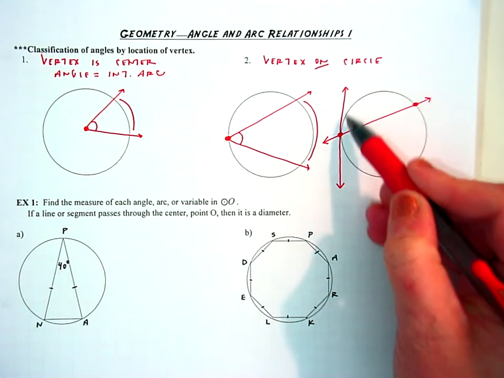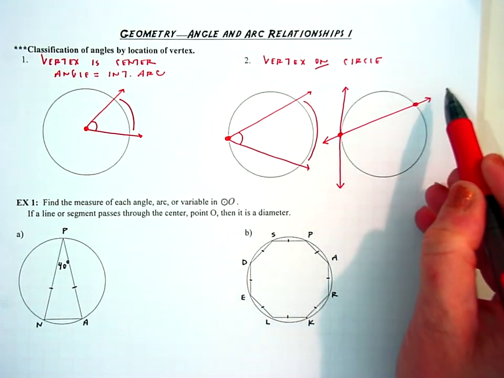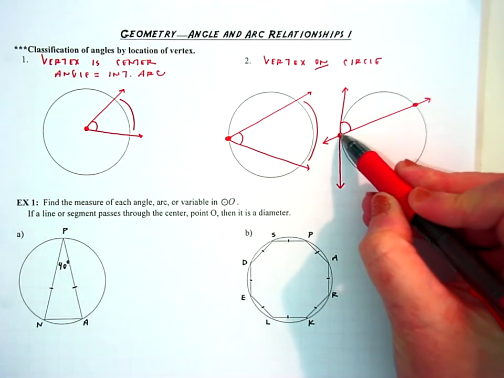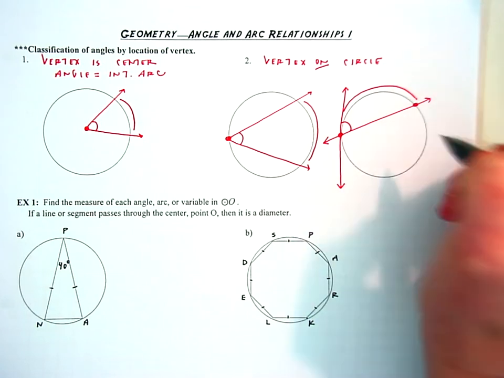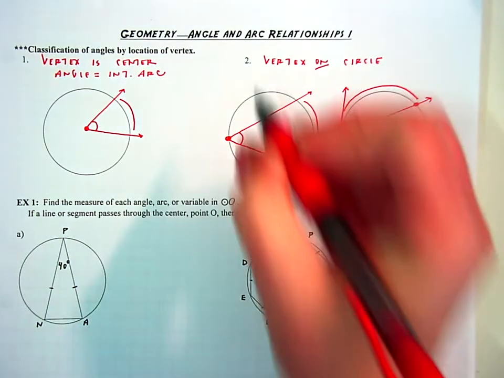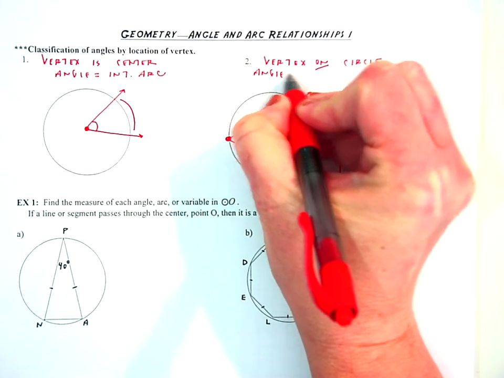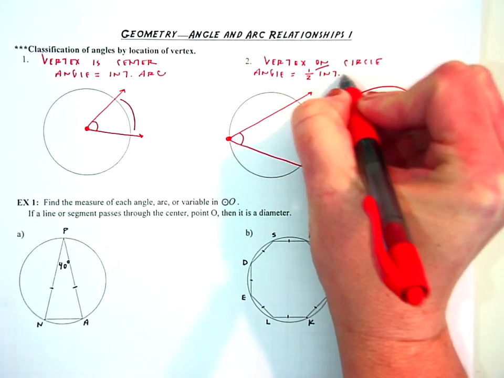So here's my tangent line, here is my secant line, and I could be looking at this angle right here. Again, vertex is on the circle, and its intercepted arc would be from here to here, for example. So here we know that our relationship is that the angle will have a measure that is half the measure of its intercepted arc.